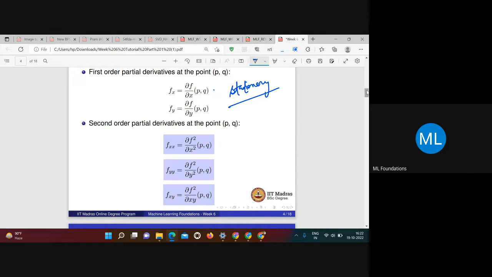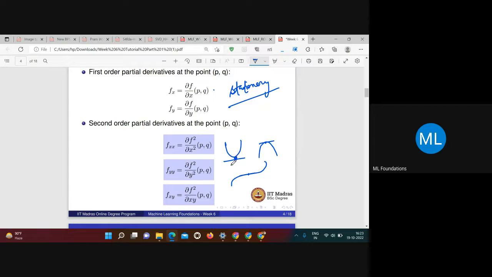Then the second derivative will help you know whether the function has a maxima or minima at that point, because the plot can be like this, or like this, or some other shape. For example, here this is a stationary point, the slope is zero; here also the slope is zero, and in this case also the slope is zero.